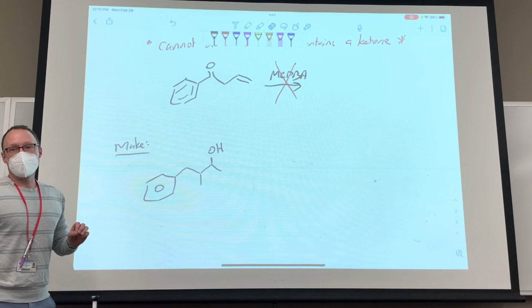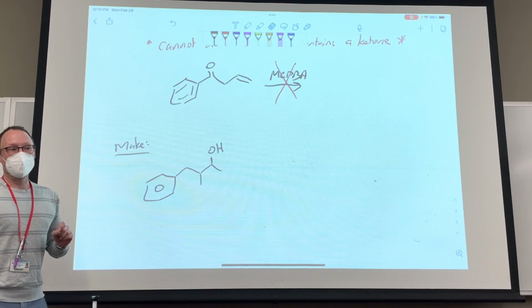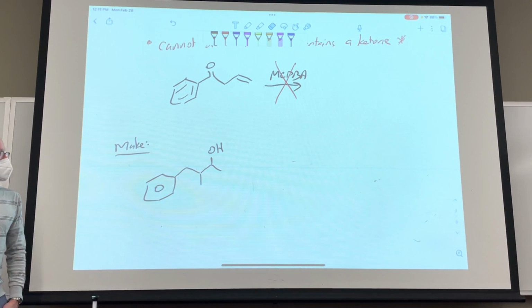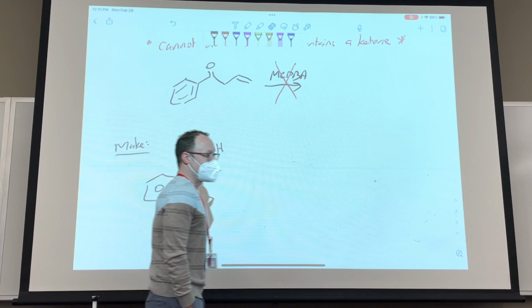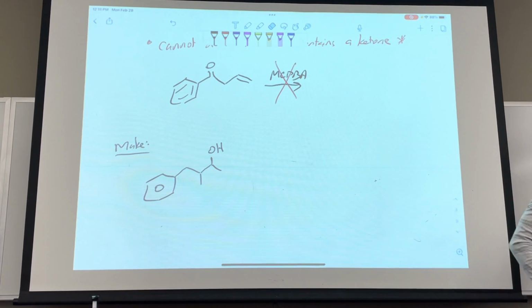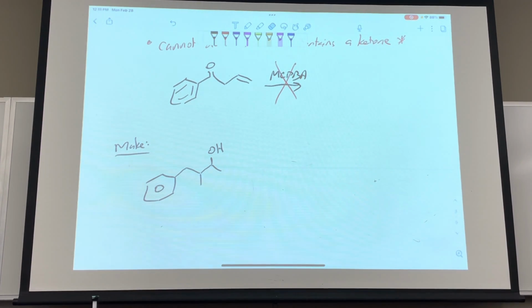With epoxide chemistry, I can shorten this to one step, maybe two if you include the synthesis of the epoxide. Because what it allows us to do is think about breaking it like that.